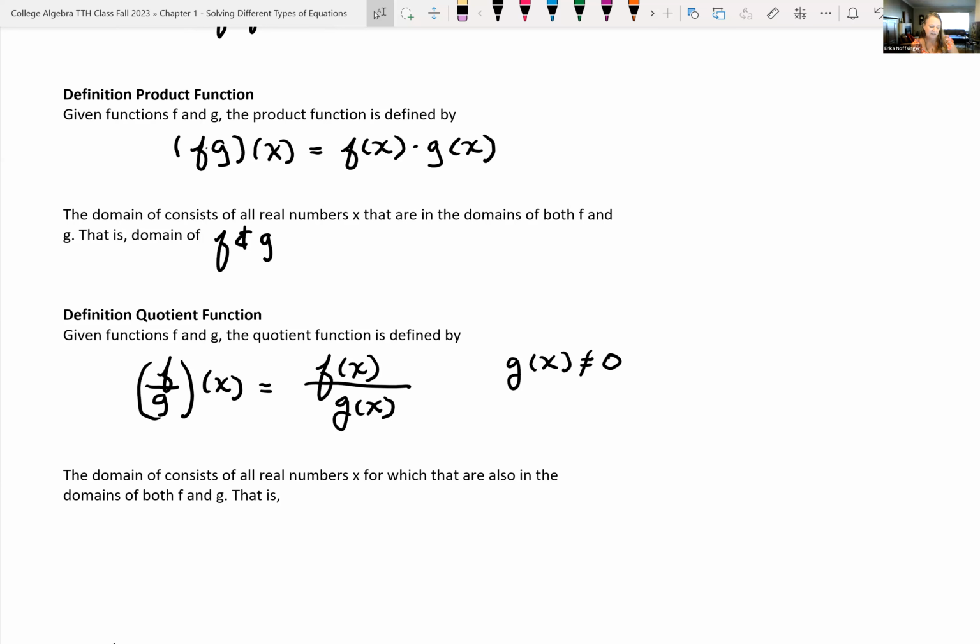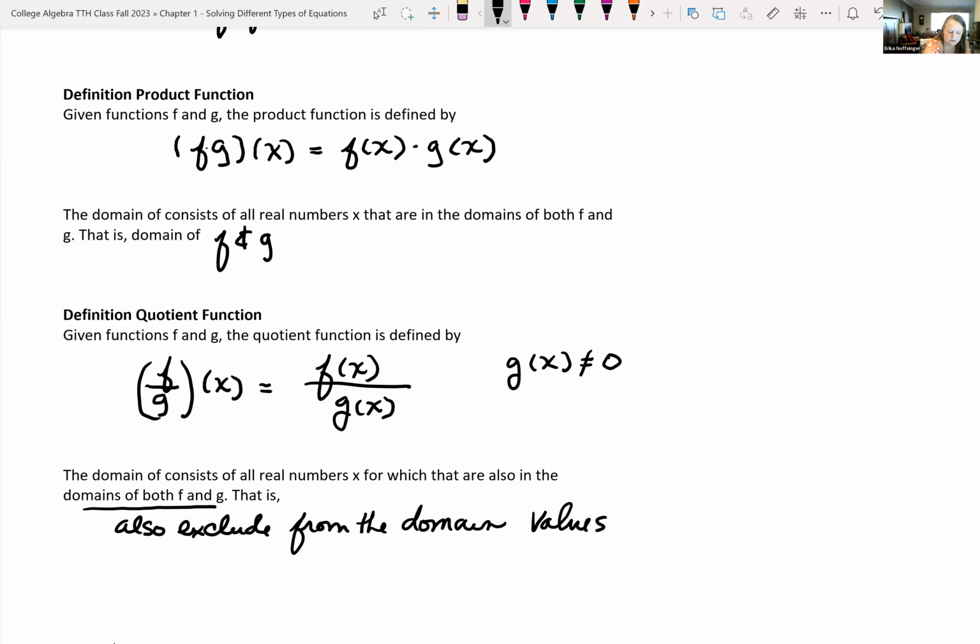So for the domain, we're going to look at the domain of f and domain of g, but also exclude from the domain values of x which make g of x equal 0.